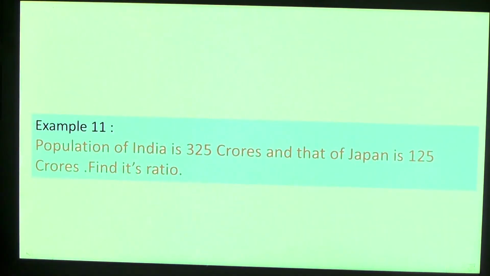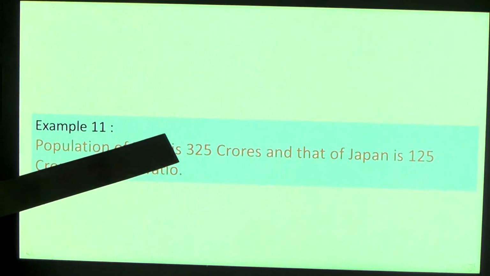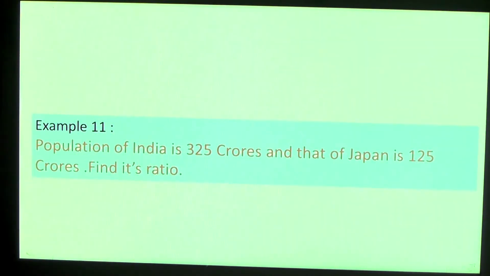Population of India is 325 crores and that of Japan is 125 crores. Find its ratio.